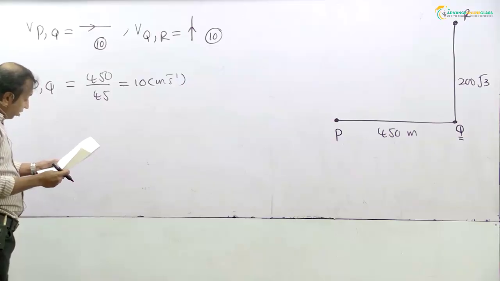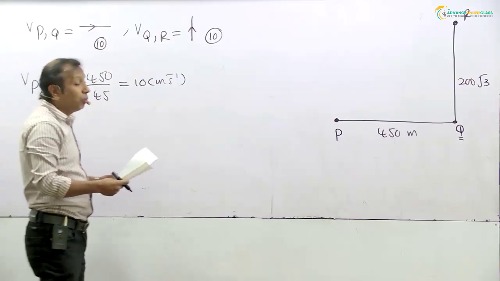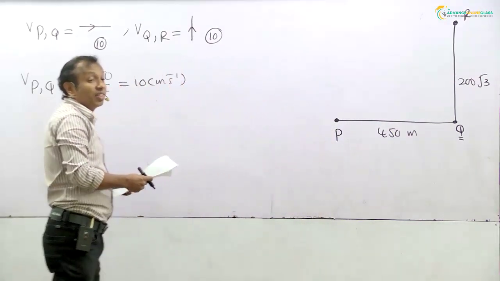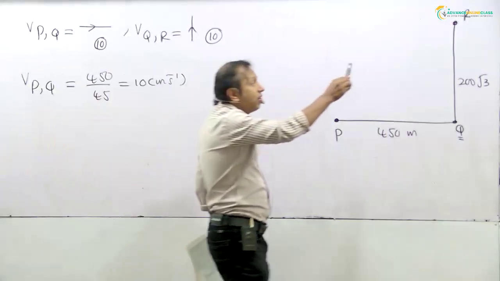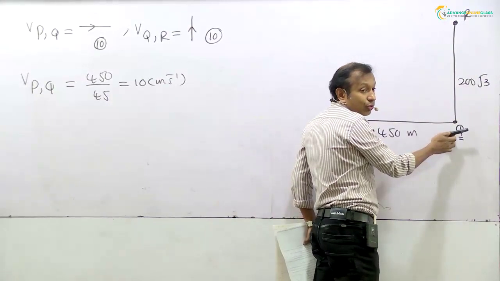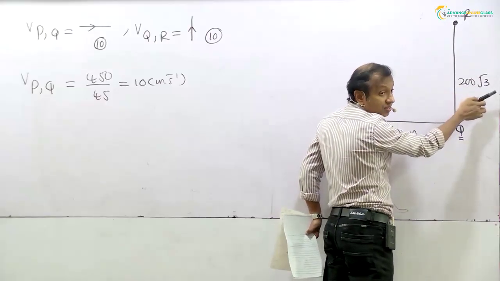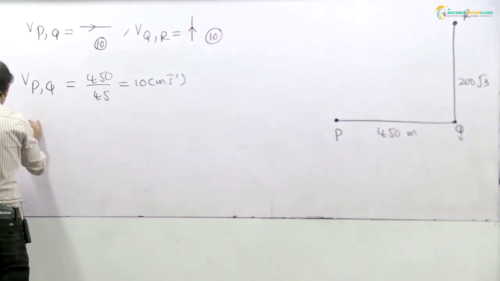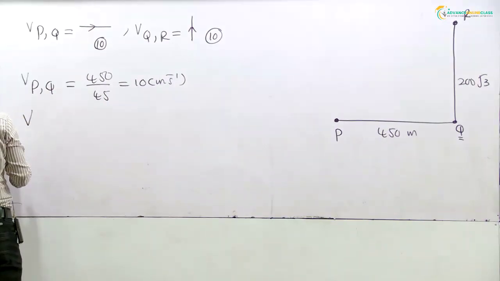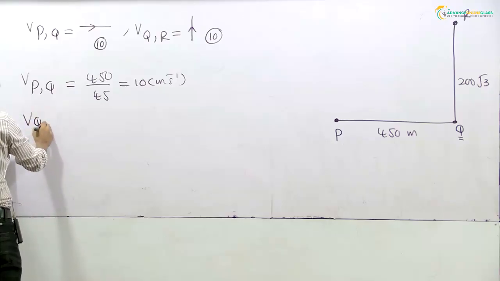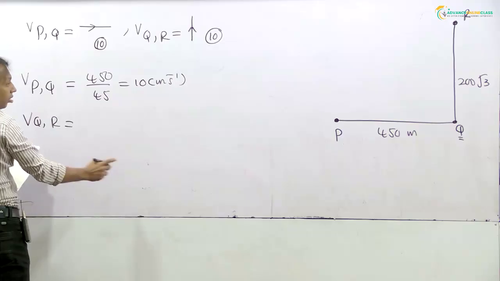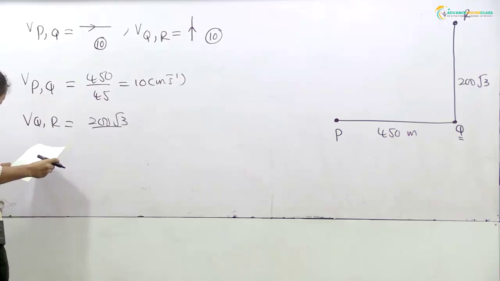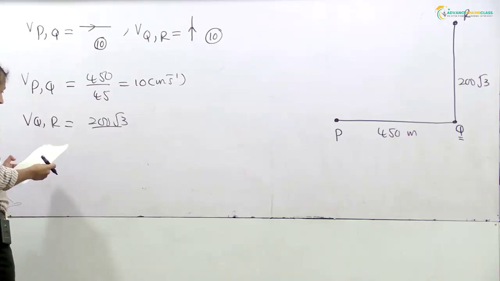Boat Q meets boat R in 20 seconds. What is that? Relative to R, stop R here. Q should move 200 root 3 distance. Then the velocity of Q relative to R: it should move 200 root 3 distance, and we are given the time, 20 seconds.